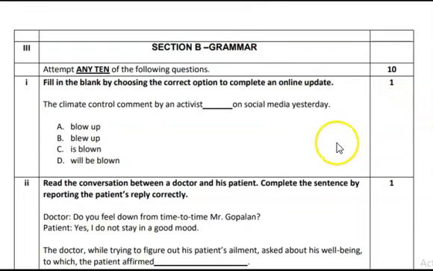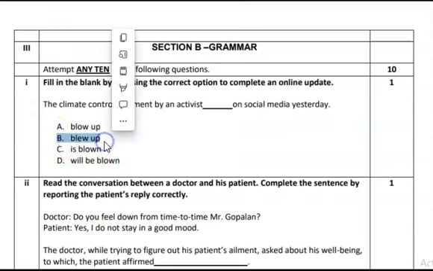So look at the first question. The first question is asking you: the climate control comment by an activist, blank space, on social media yesterday. Out of the 4 answers, your answer will be blew up. Now, always ask this question, why? And note down this point.